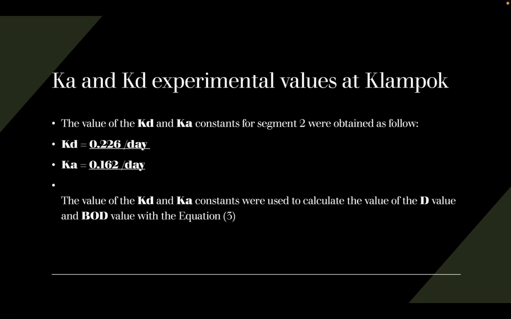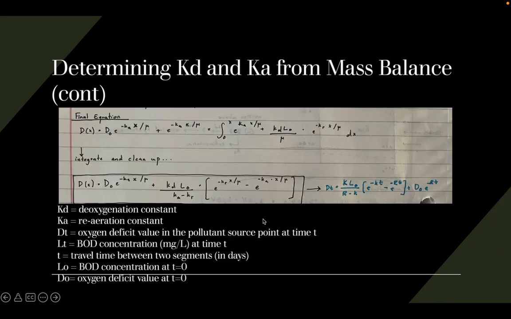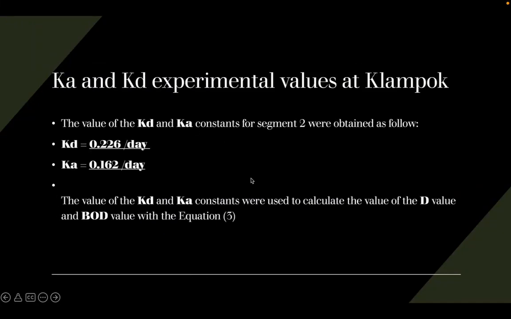The values of the Kd and Ka constants were used to calculate the value of D and BOD with the following equation, equation 1 that we used. I know this says 3, but it was equation 1 that we used 2 slides ago, right over here. So we'll be using this equation to solve for BOD and D using our MATLAB mathematical models.